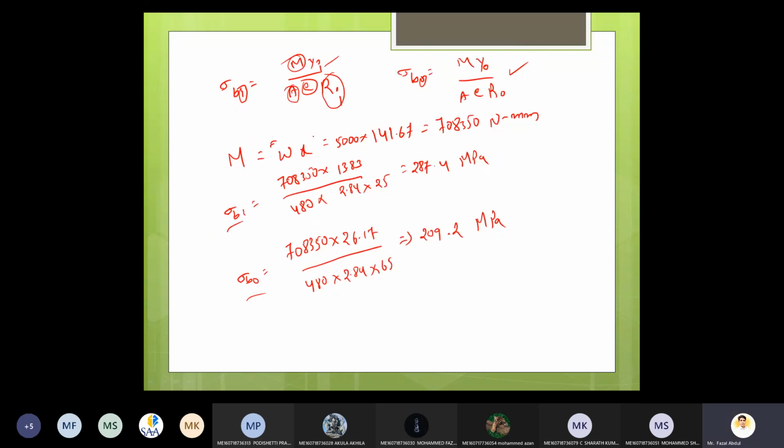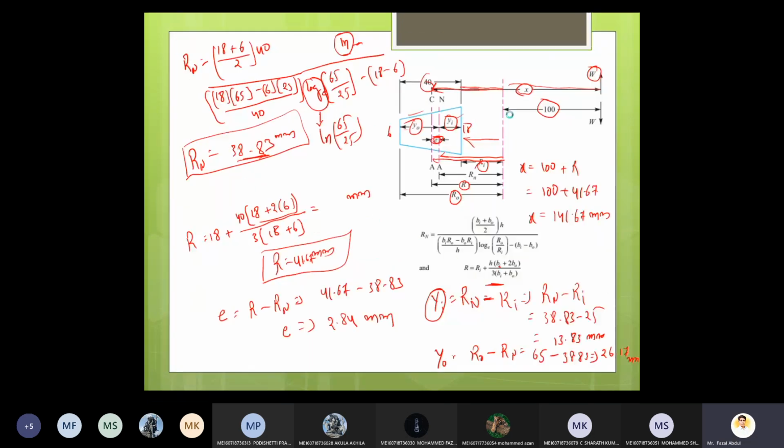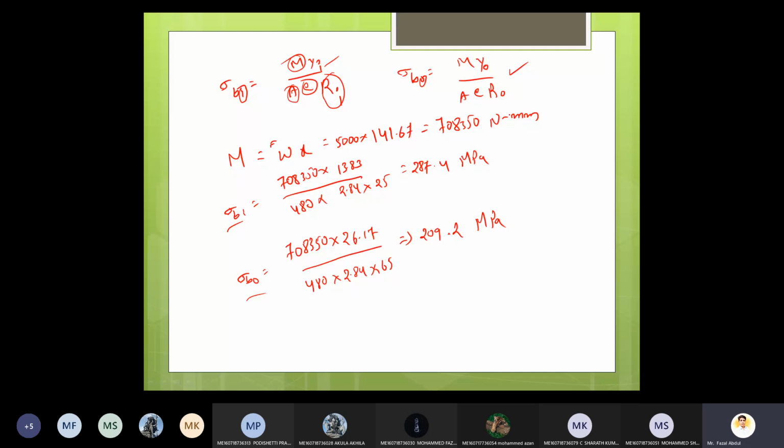But the question is given the load from this central curvature line at some distance, 100 mm given. So that's the reason first initially the direct stress is acting on the body, and after that the body is going to be subjected to bending stress. So I don't know how much direct stress is acting. So that's the reason additionally I'm calculating here the direct stress.